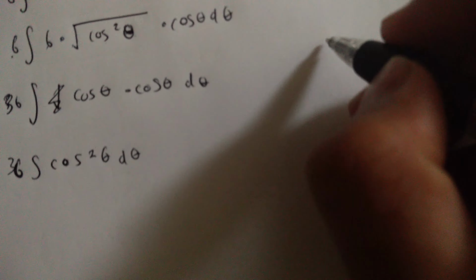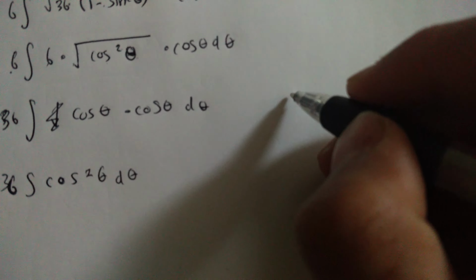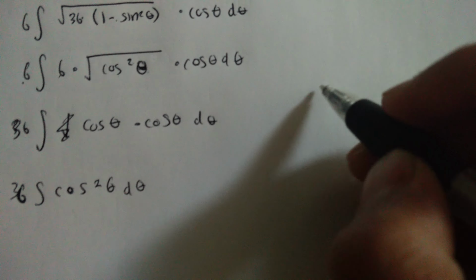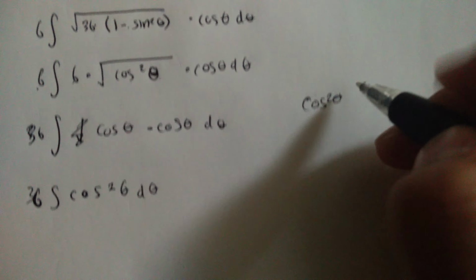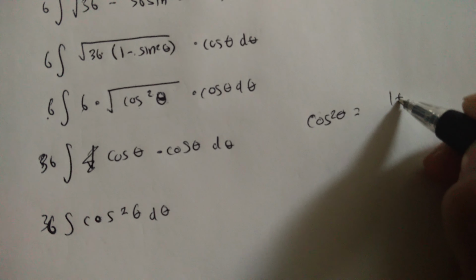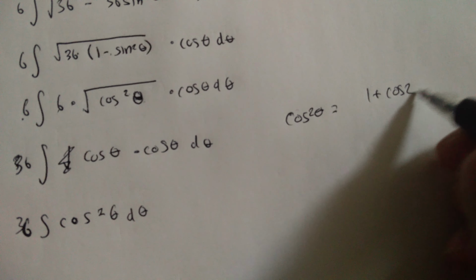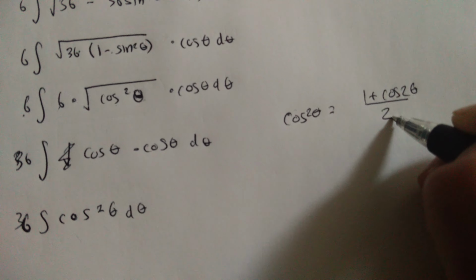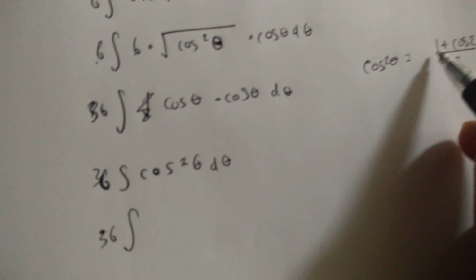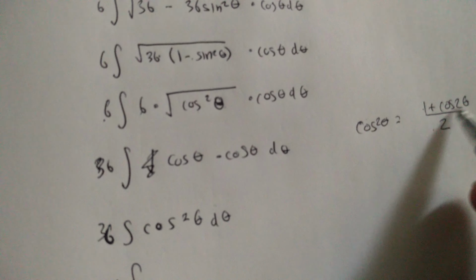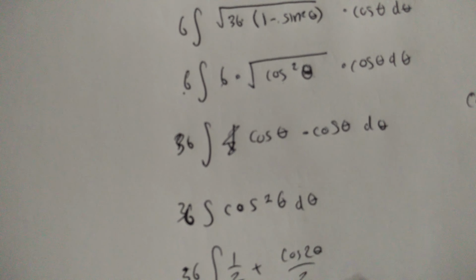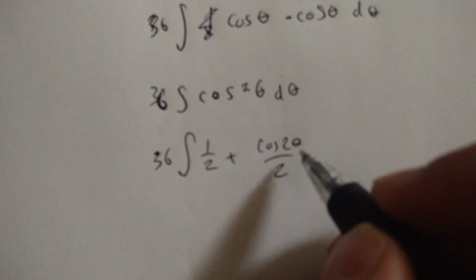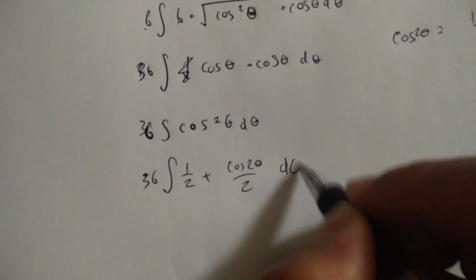Now from our trig identities we should know the half angle identity: cos squared theta is equal to 1 plus cosine 2 theta, not squared, over 2. We plug that in and we would get 36, and we can split up the 1 over 2 and the cos 2 theta over 2, and we get 1 over 2 plus cos 2 theta over 2 d theta.